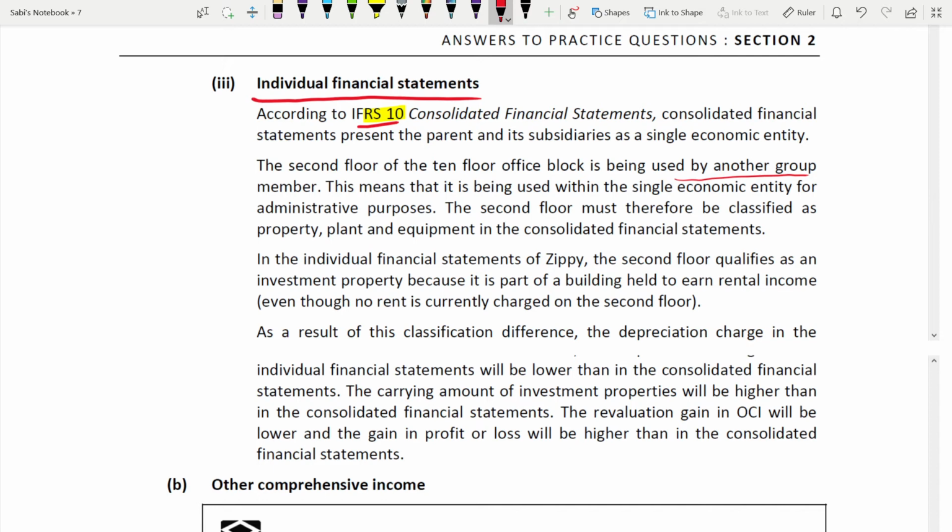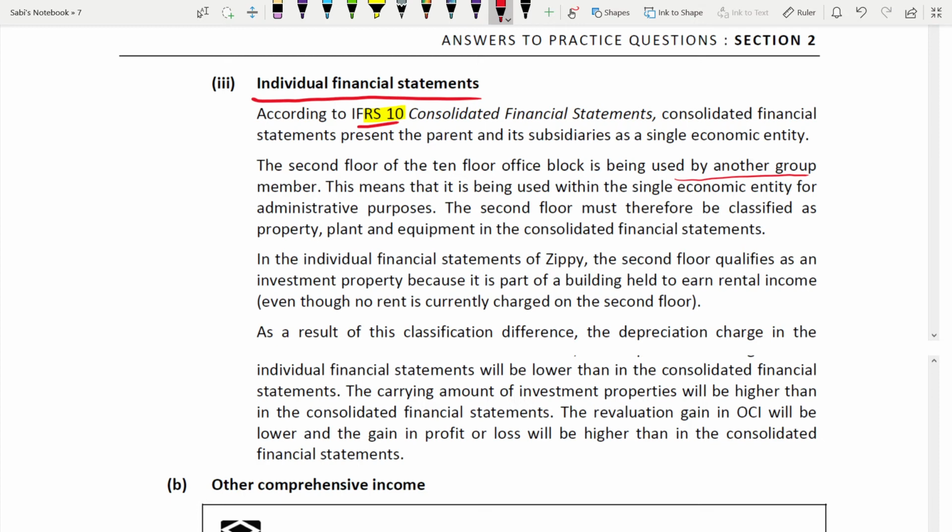So it is being used by another group member. Okay, what does it mean? This means that it's being used within the same single economic entity for administrative purpose. That means same entity, right? It's like you, your brother, your sister, all the siblings, they are considered as one family, right?